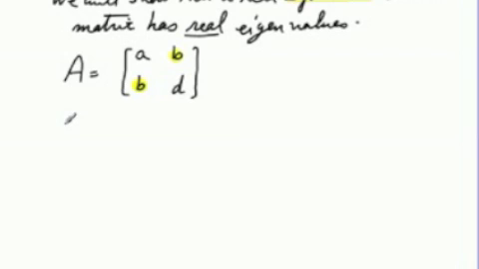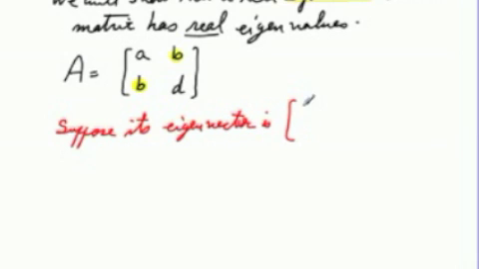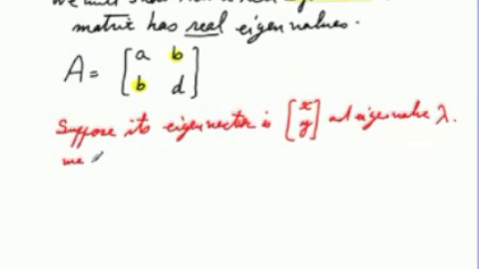So suppose its eigenvector is (x, y) and its eigenvalue is lambda. We show lambda is real. How do we show that?